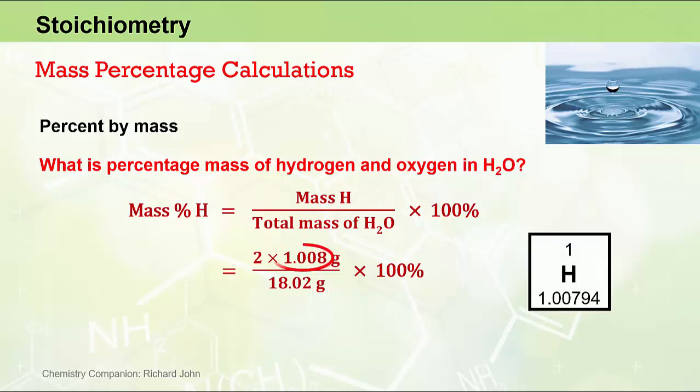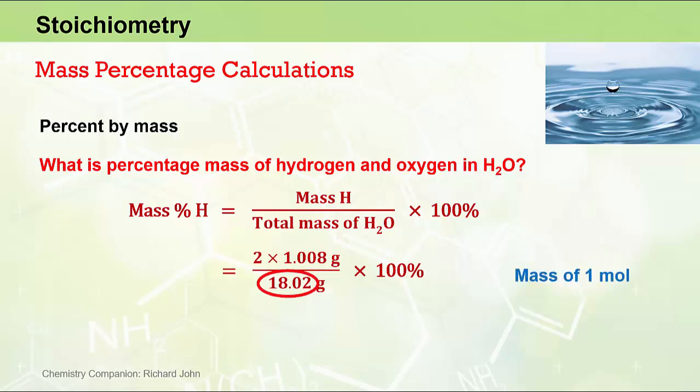Now just remember that this number here comes directly from the periodic table, 1.008, the mass of 1 mole of hydrogen expressed to 4 significant figures. And this number here, 18.02, is the mass of 1 mole of the entire compound. When we plug these numbers into our calculator, we get 11.19% being the mass percentage of hydrogen in water.